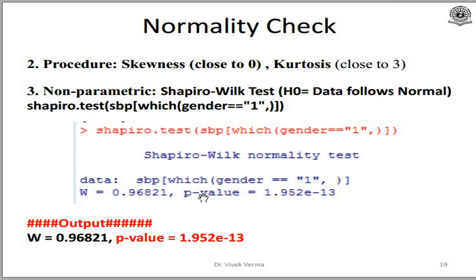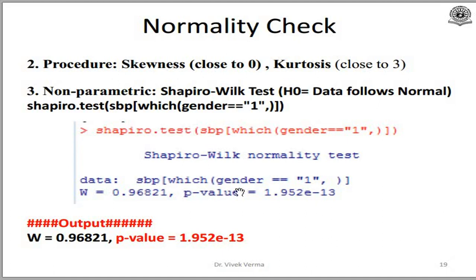In the case of a non-parametric setup, as we have discussed in our previous talk, the Shapiro-Wilk test is very famous for normality. What we did here is check whether, in the case of gender male, the systolic blood pressure follows normality or not.